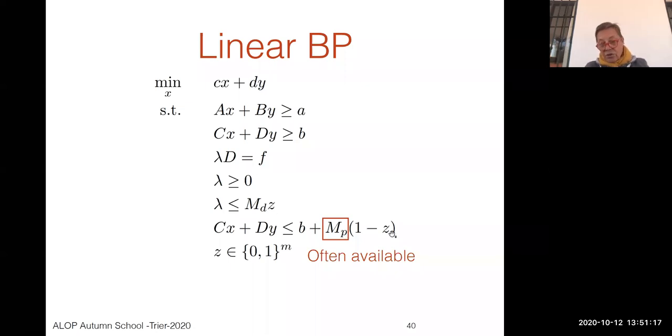For the other case, when Z is equal to 0, if the constraint is tight at the optimal solution, then they will increase MP and iterate. And they do that until none of those constraints is tight. And then they think, okay, I'm done. I found my optimal solution and my big Ms are good enough.